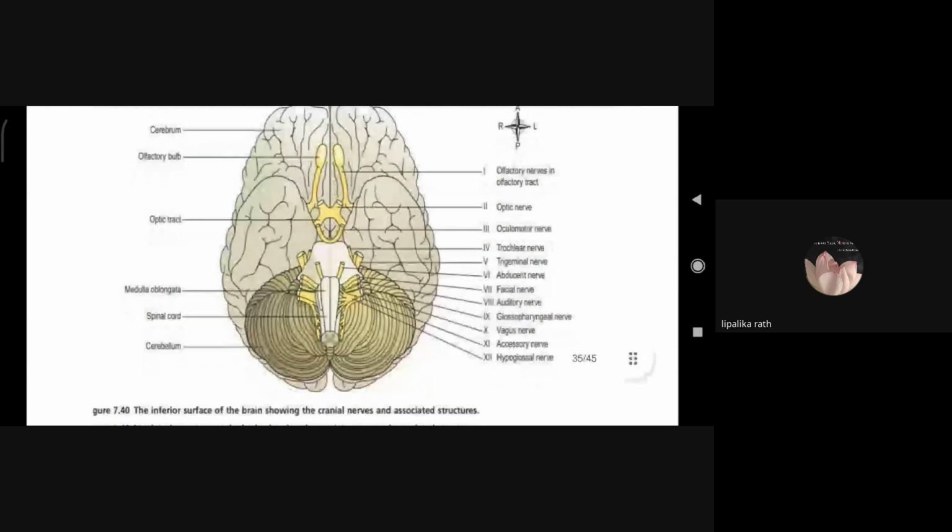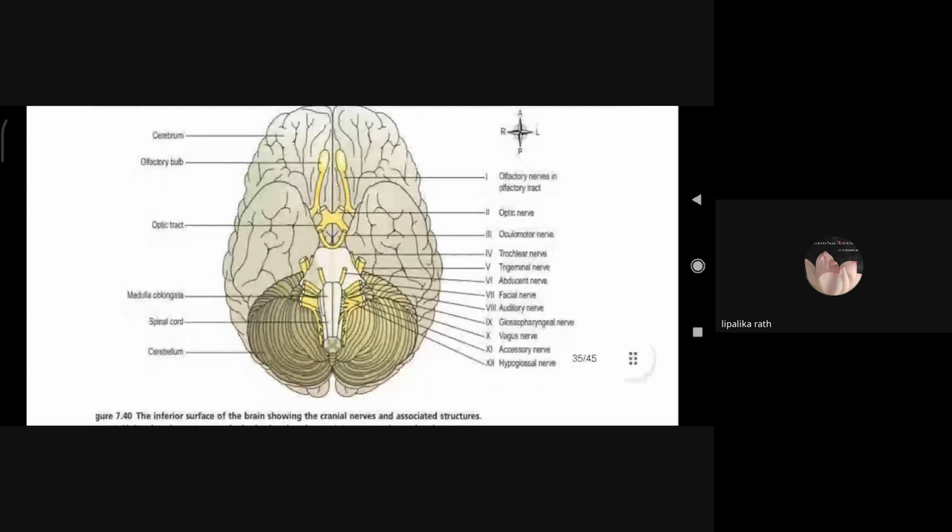It originates from the brain, and it is the only cranial nerve which crosses the neck and comes to the lower body. The vagus nerve also modulates heart rate, respiratory rate, abdominal functions, and kidney functions. So many functions are regulated by the vagus nerve, the 10th cranial nerve.